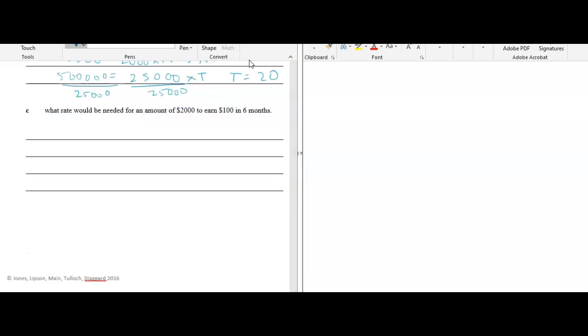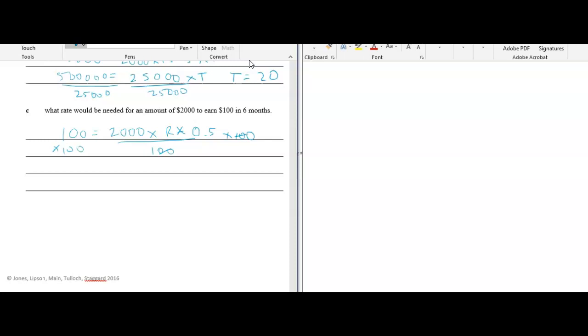All right, question C, I'll just see if I can remember the formula. So what rate would be needed for an amount of $2,000 to earn $100 in 6 months? So we want $100, your principal is 2,000 times your rate, times, now our T was in years, so that means 6 months it's going to be 0.5. Okay, so getting rid of that 100 on the denominator here, so we multiply both sides by 100.